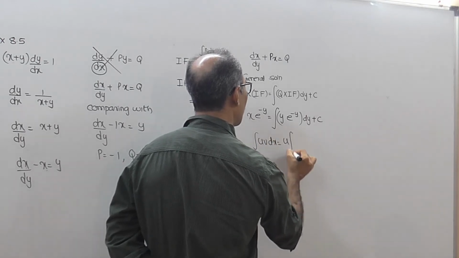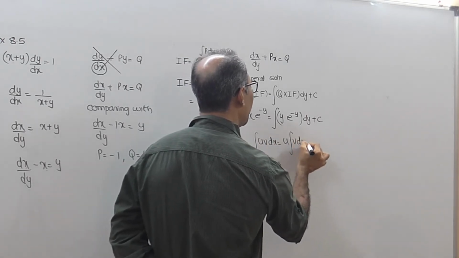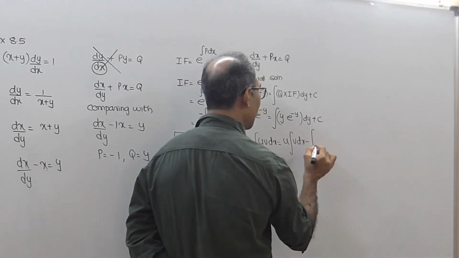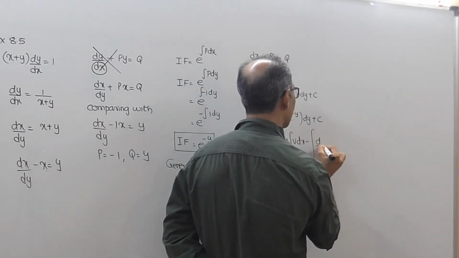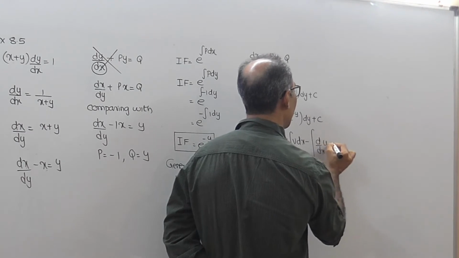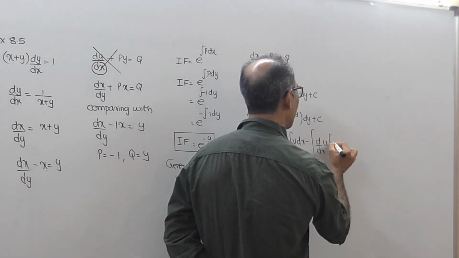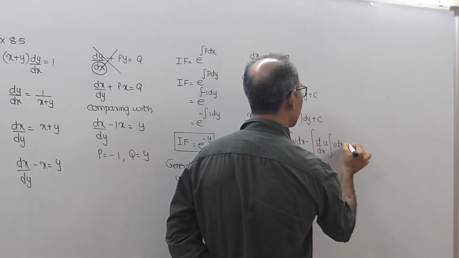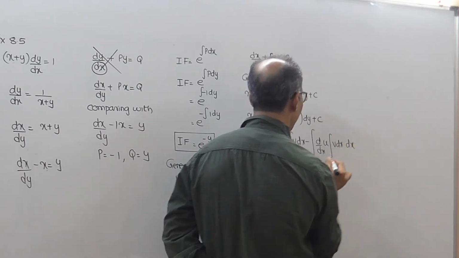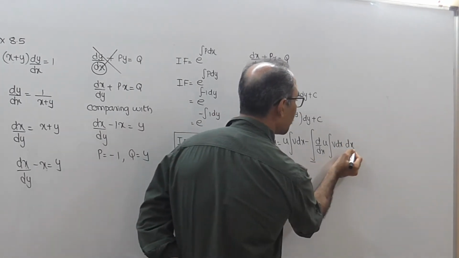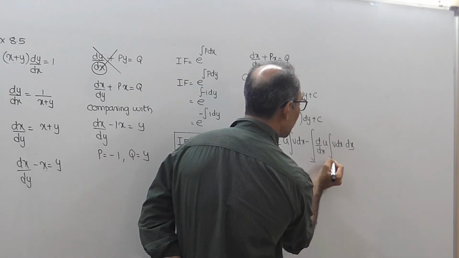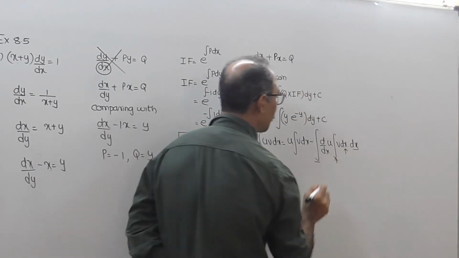So it will be u integration v dx minus integration of d by dx of u, integration v dx, and dx. So this bigger integration's dx is here, and this smaller integration's dx is here.